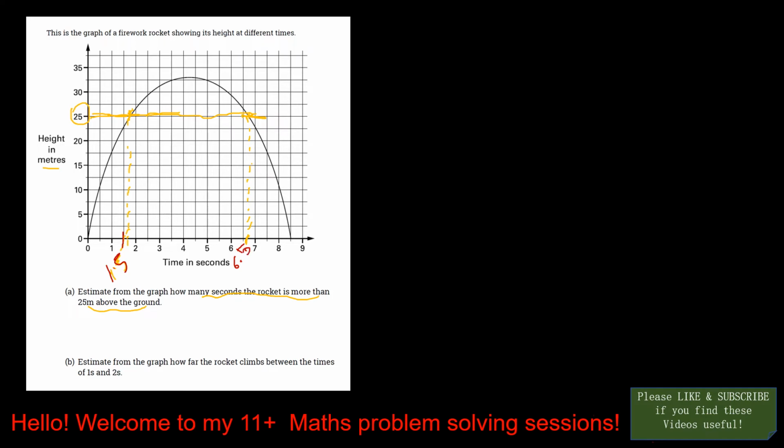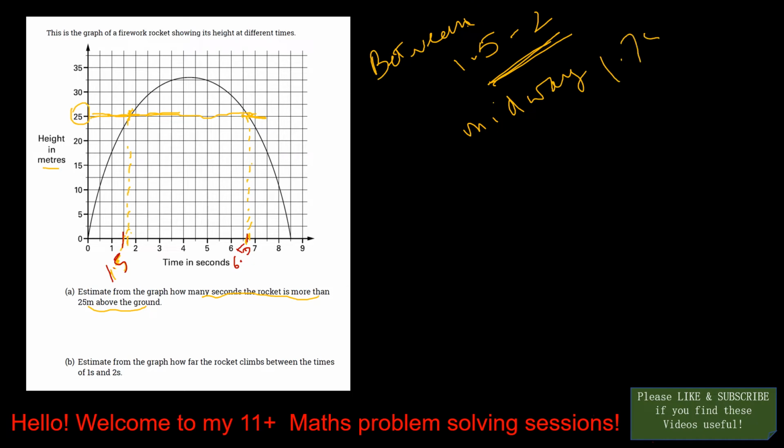The other line where it touches the x-axis is between 1.5 and 2, so midway between 1.5 and 2 is 1.75.